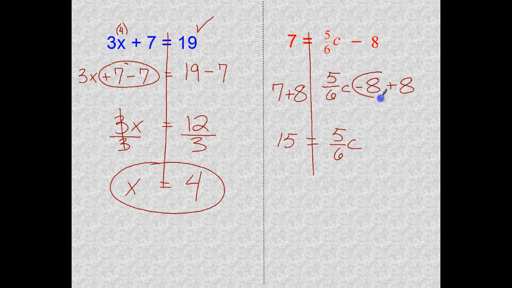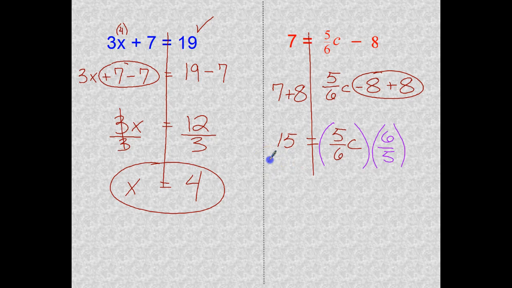All right, and remember that makes it 0. So how do we undo the fraction touching the variable? We learned that we are going to multiply by the reciprocal. And the reciprocal would be 6/5 on both sides. Oh, I could do better than that.